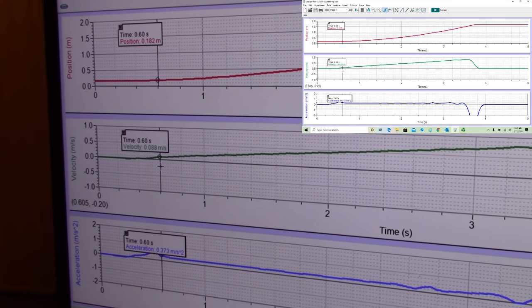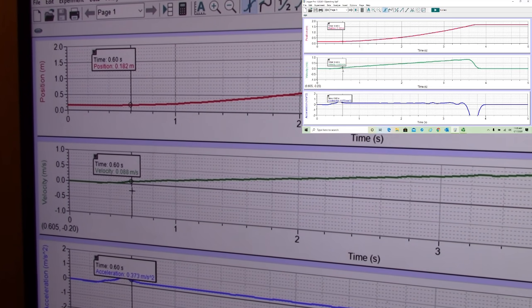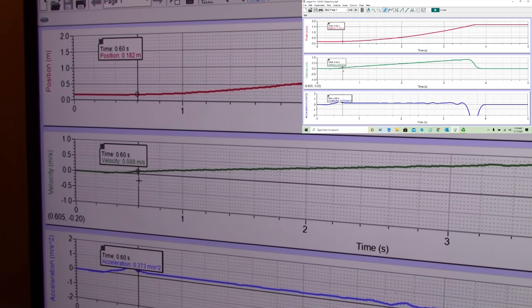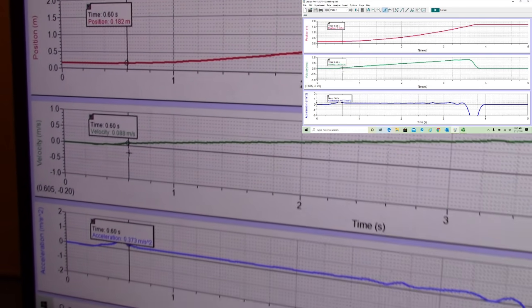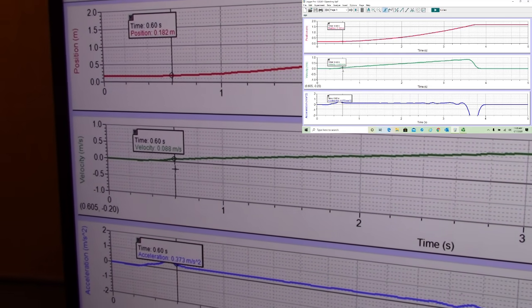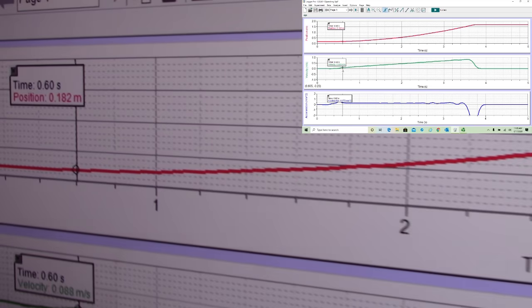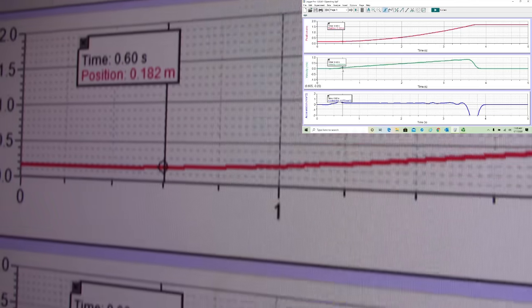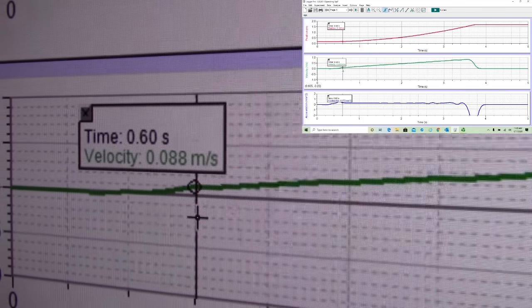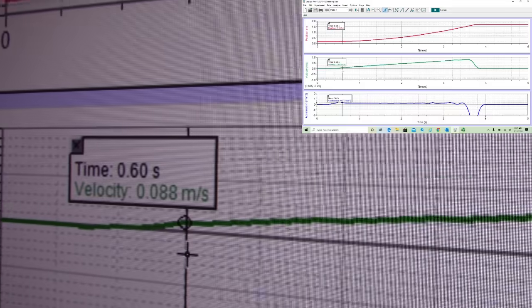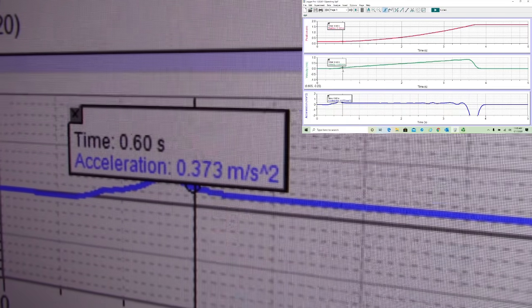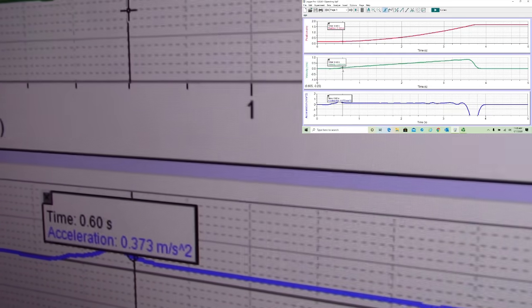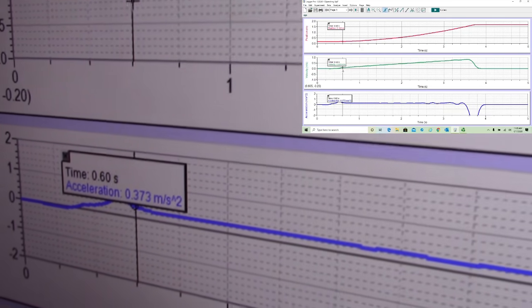Okay, so at time about 0.6, we can say that our initial position is about 0.182. Our initial velocity is about 0.088, and our acceleration is about 0.373. I don't think I asked for acceleration, but there it is.